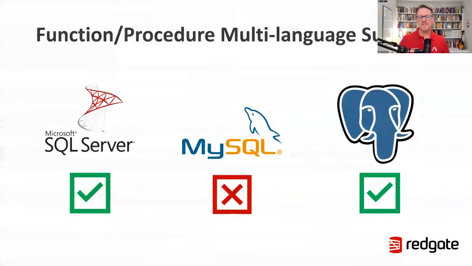Then functions and procedures. The unique thing here is that we can use different languages in SQL Server with the CLR. Multiple language support in MySQL does not exist. In Postgres, any language that is available on the server, you can use. I say any, it's really just about any language you could think of.